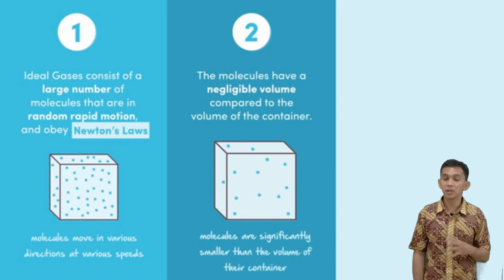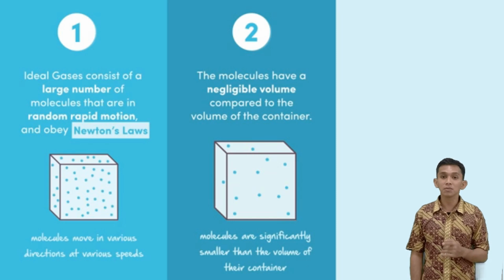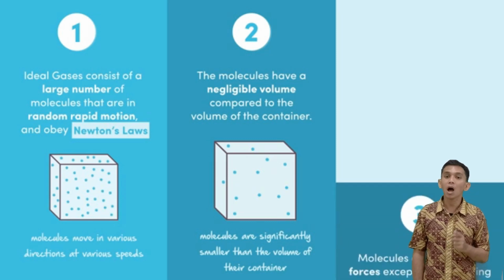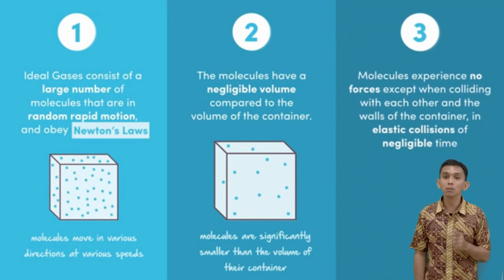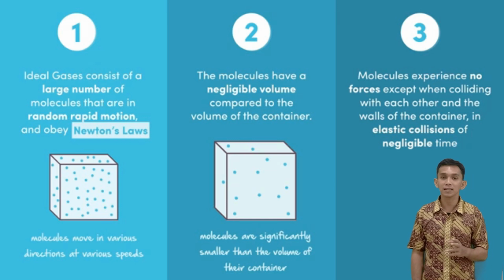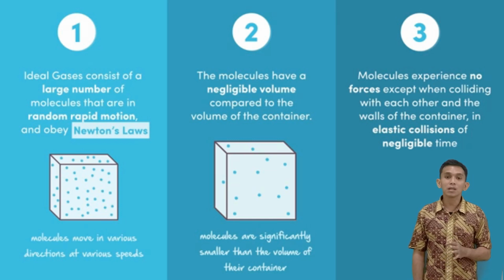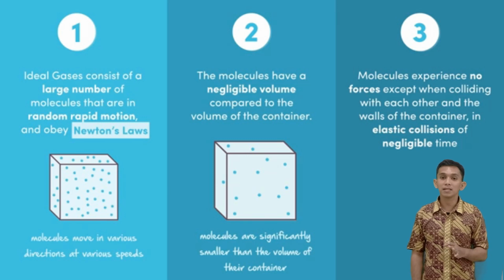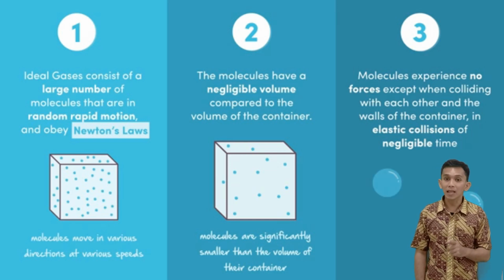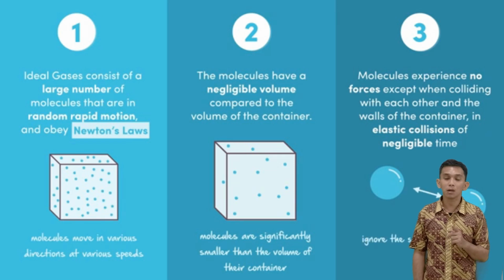The next assumption we make for ideal gas is that the molecules all have a negligible volume compared to the volume of the container. This essentially just means that the molecules of an ideal gas are many times smaller than the size of the container they sit in. And lastly, we assume that the molecules experience no forces except when colliding with each other and colliding with the walls of the container.